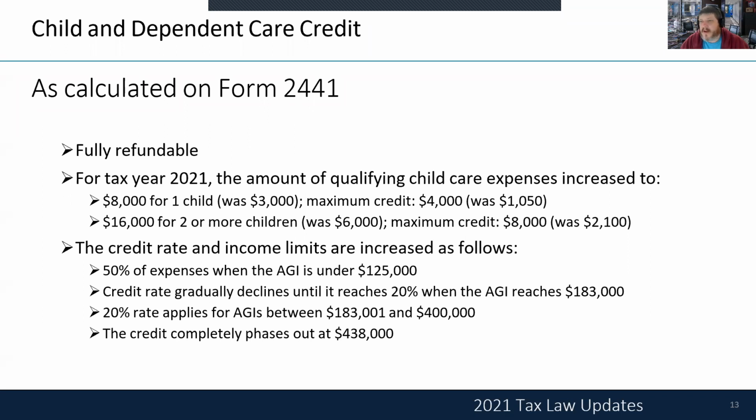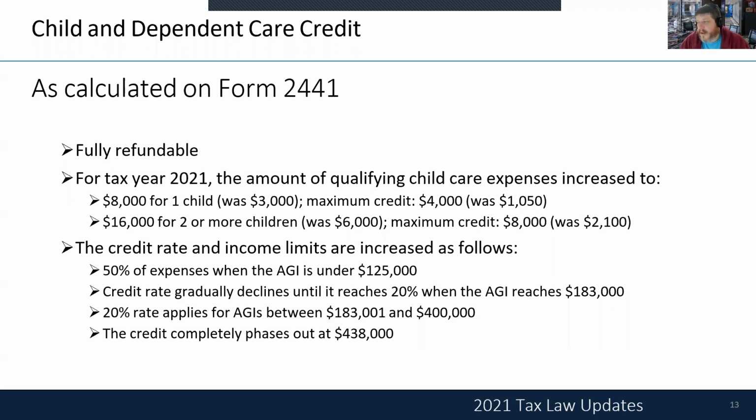They're not dependent on filing status. That is total. So whether they are single, head of household, or married filing joint, the caps are still the same. The 20% rate applies for AGIs between $183,000 and $400,000. So if their AGI is between $183,000 and $400,000, they will get a 20% credit, not 50%.